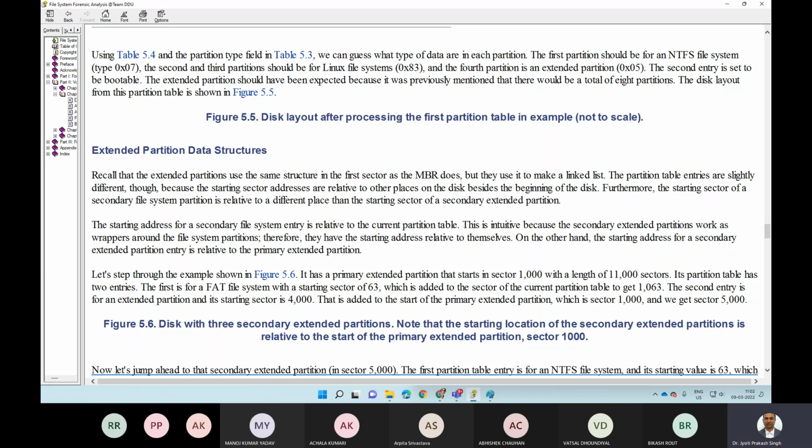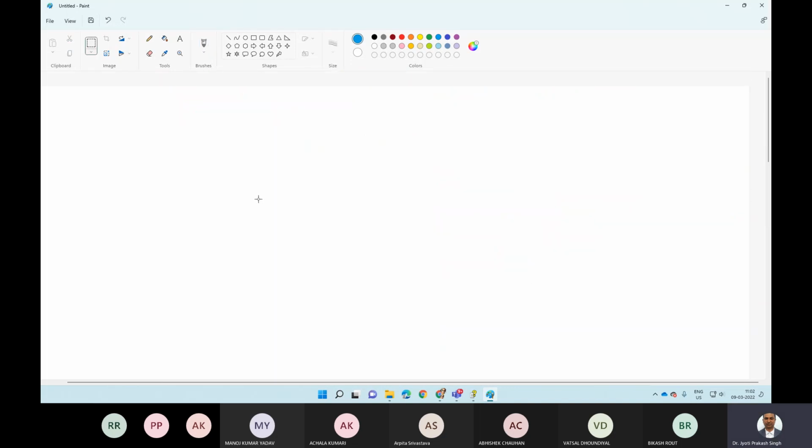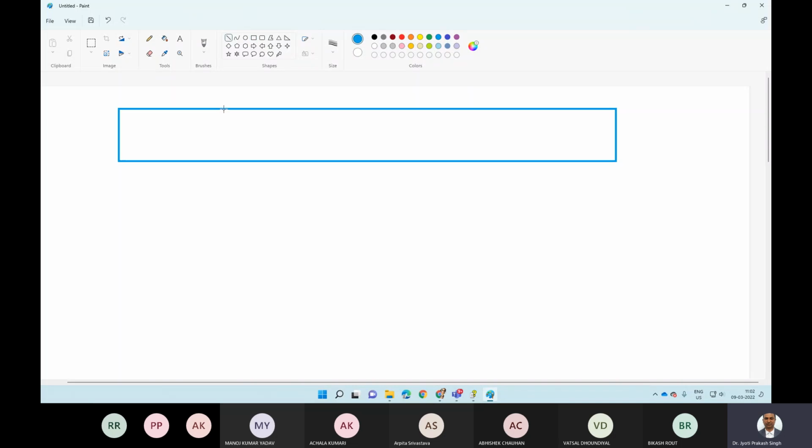So the partition entries, I'm just writing it down, इस example में. So this was 63 ending at 2056320.